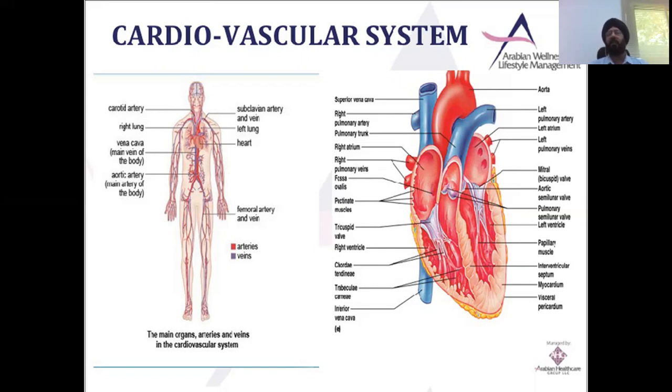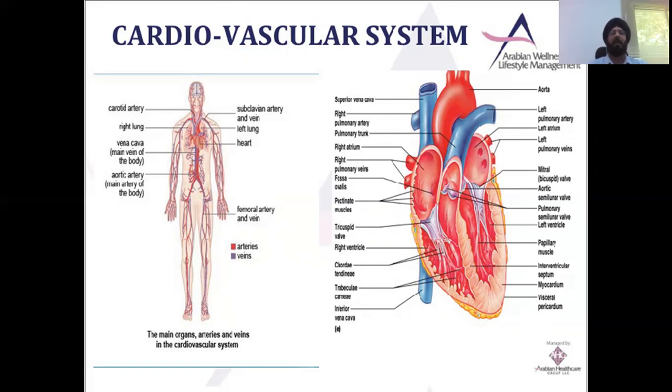It is divided into two sections, the upper half and the lower half. The upper half of the heart is known as atrium and the lower half of the heart is known as ventricles. When we talk about the sides, we can say right atrium, right ventricle, left atrium, left ventricle.